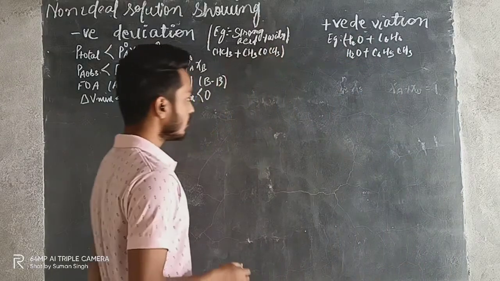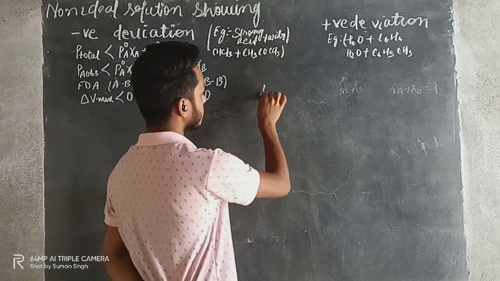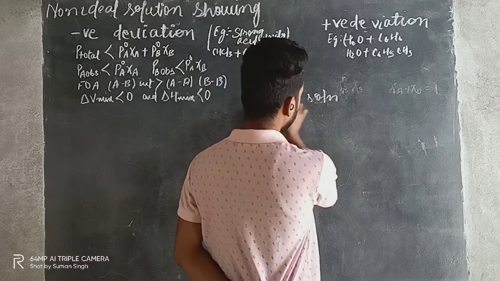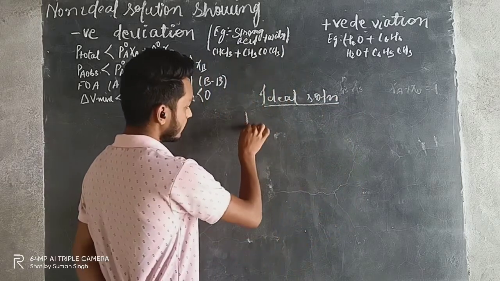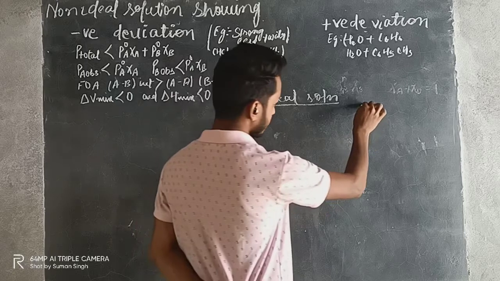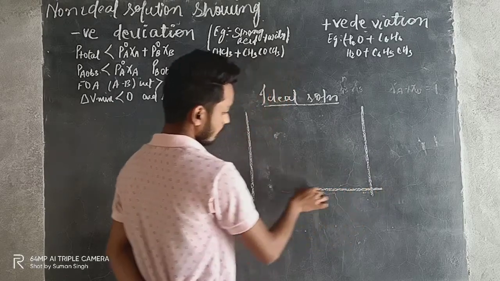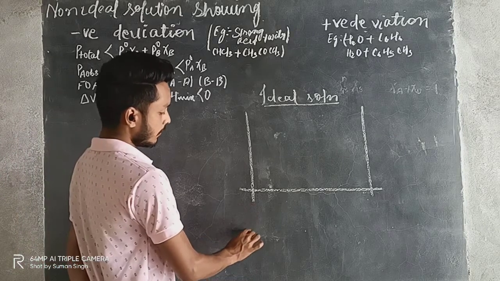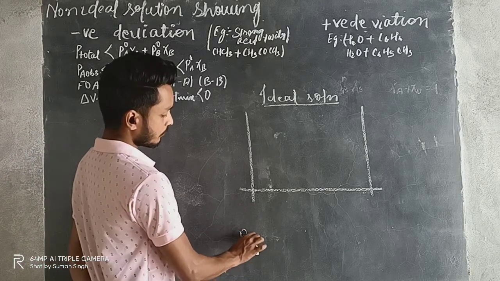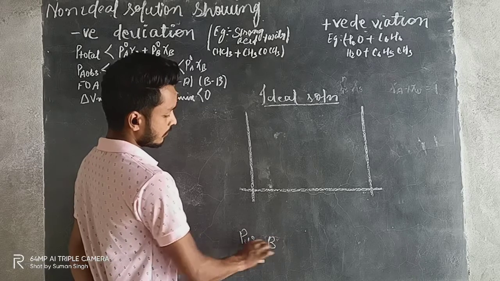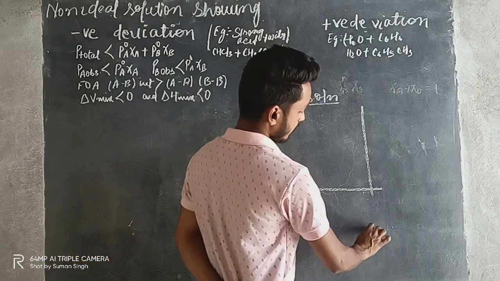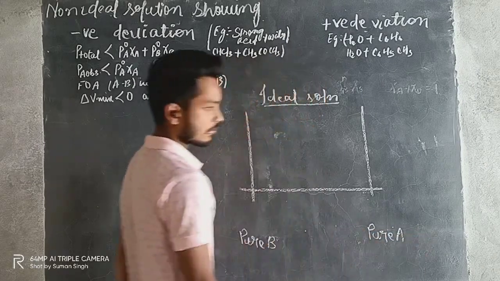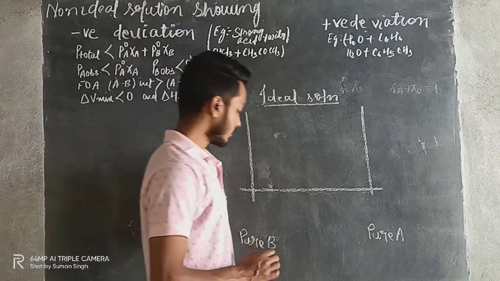Okay, so if you see the graph of the ideal solution, let's take the graph like this. In one place here we will take pure B, and on this side we will take pure A. Now just think like this.